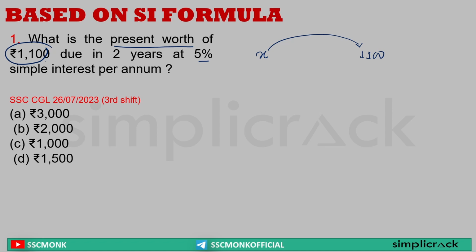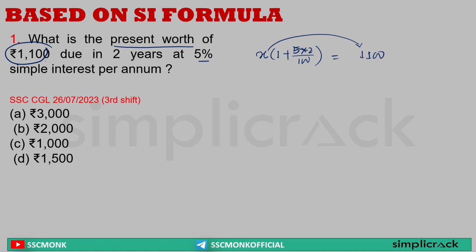You can find this amount in two ways. One way is you can directly solve. First, 1 plus RT by 100 is equal to this much. That means R is 5, T is 2, divided by 100. Or you can take X into R into T by 100 is equal to 1100 minus X. Whichever way you find it easy.